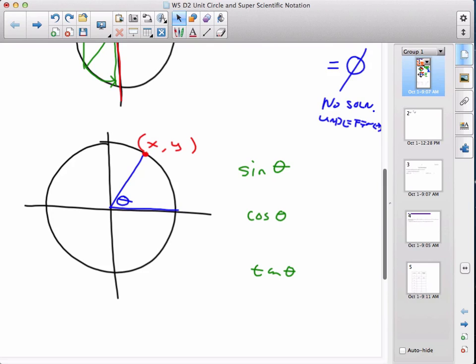Well, if you draw a line from point x, y down to the x-axis, then we can start looking for points.